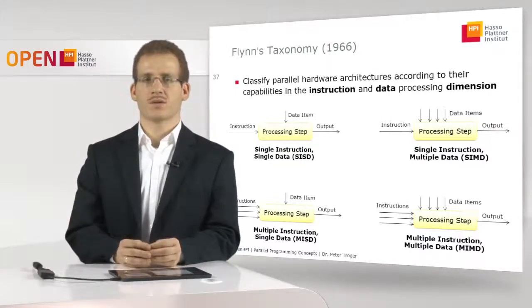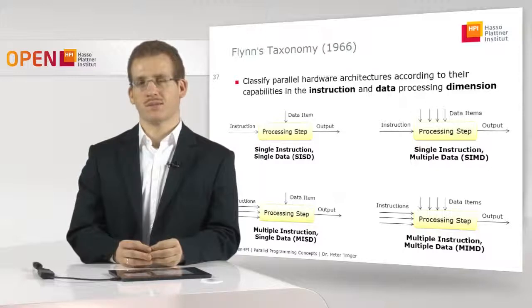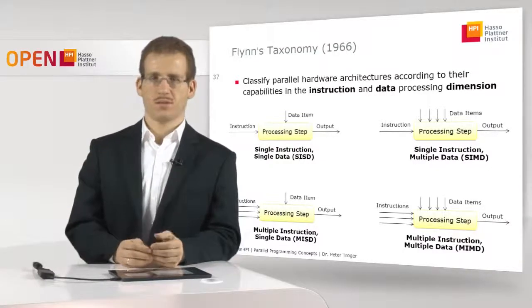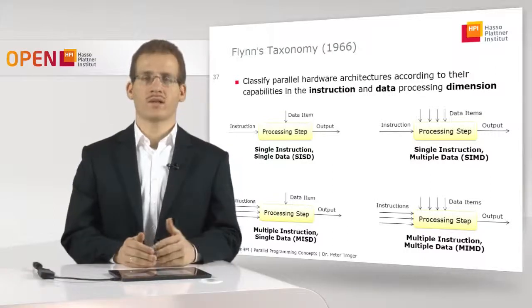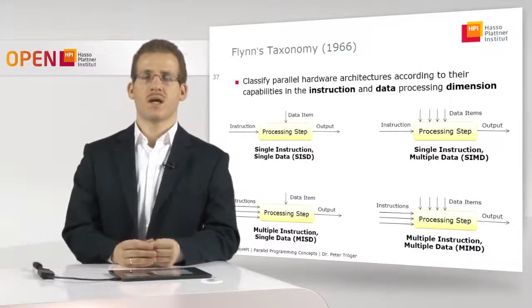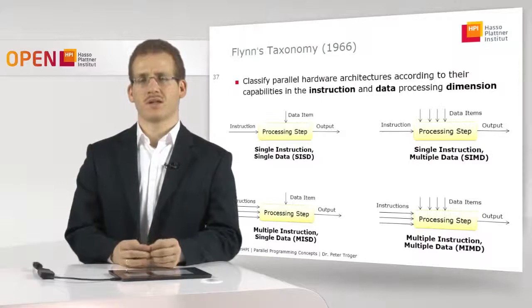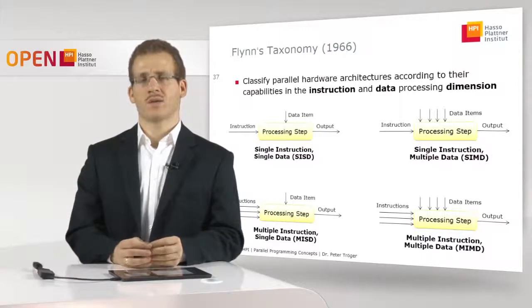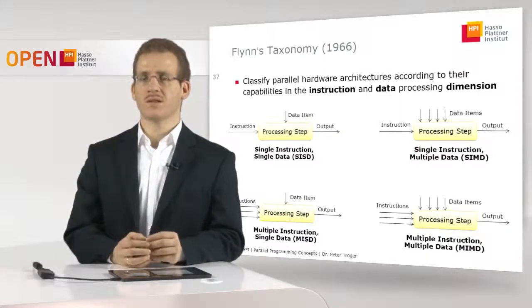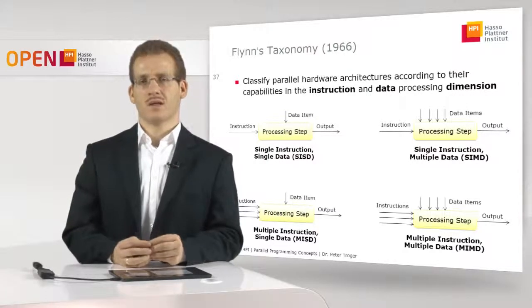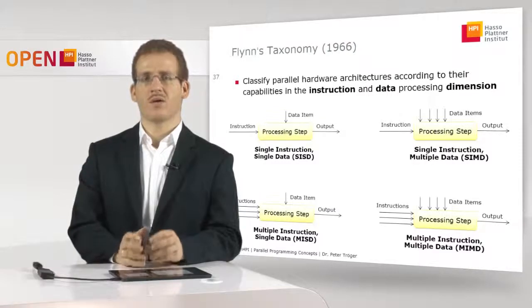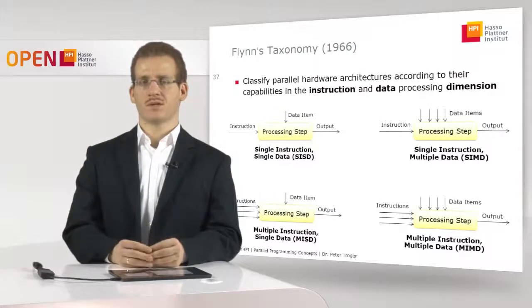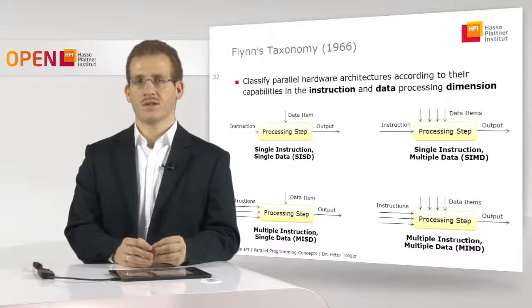The second approach you may find is called SIMD, single instruction, multiple data. In these systems, you still have one instruction or one instruction stream, and you have multiple data items. So one single instruction can now be applied to multiple data items at the time. This is a capability that is built into the hardware, so the hardware has all the mechanisms and the preconditions to perform such an activity.